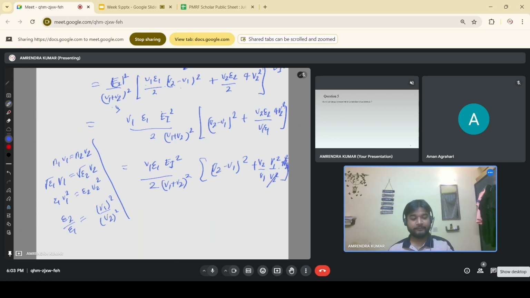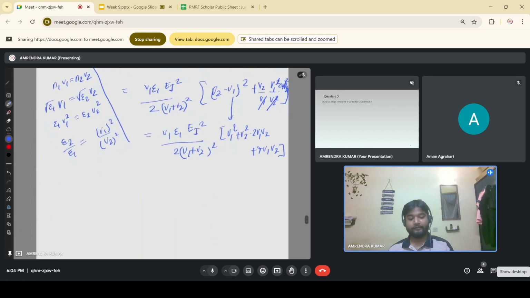The square will cancel out this 4 here. Take this, V1 will cancel out this. So it will be V1 epsilon 1 E_I square over 2. Solve it out.